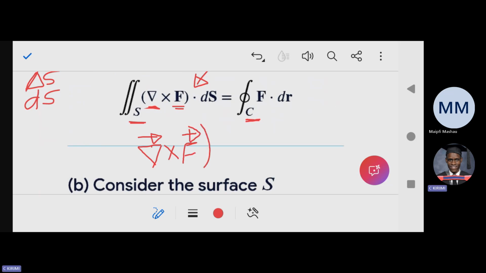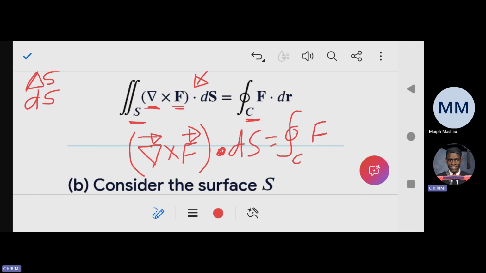So don't forget that. F is in bold because bold simply indicates that. So don't forget the dot. Dot product now of dS, which is the same as that integral in terms of writing. So we must be in a position to write this correctly.